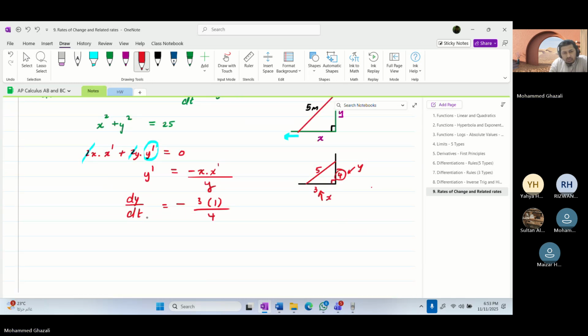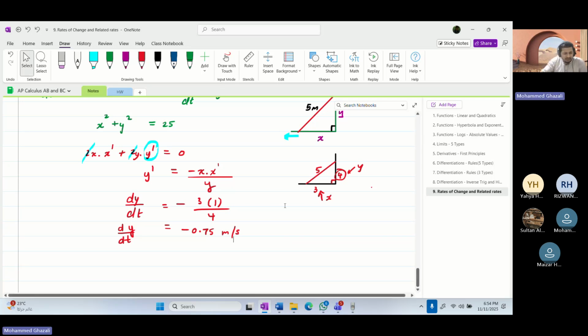So what is dy/dt? Negative 0.75 meters per second. Because it's sliding down the wall, it's negative. Are we good, guys? Does this make sense?